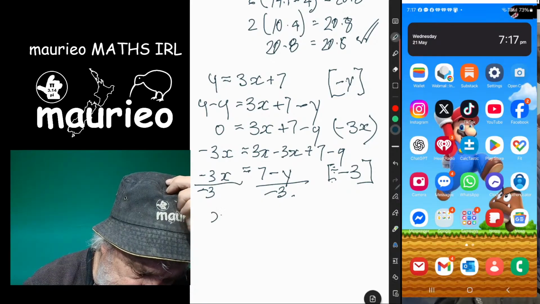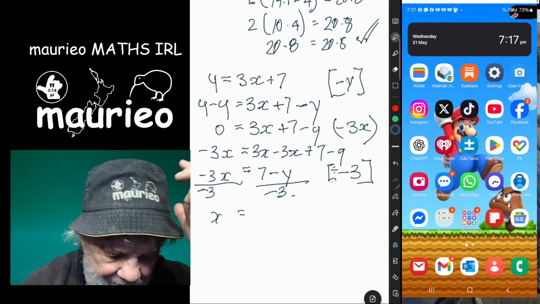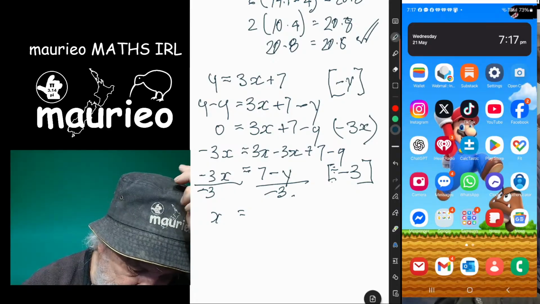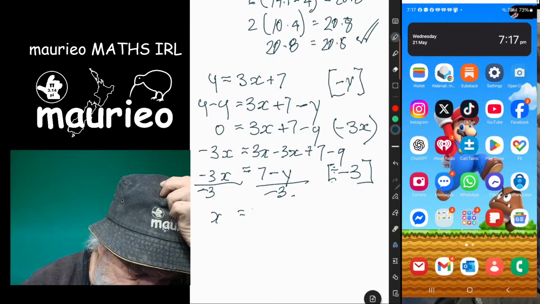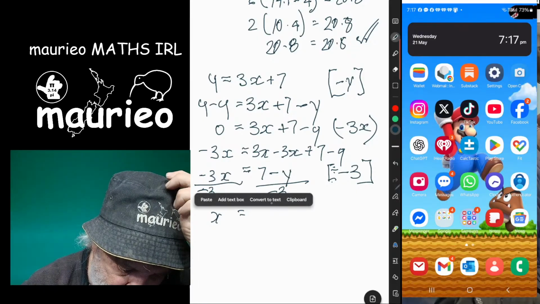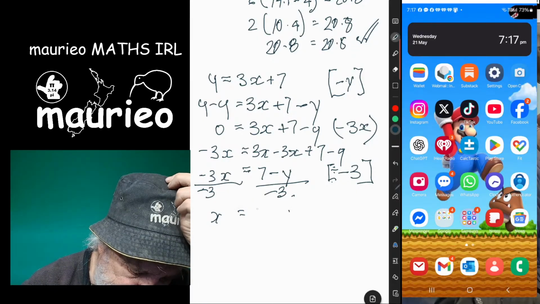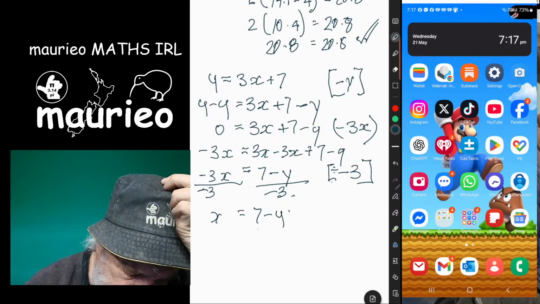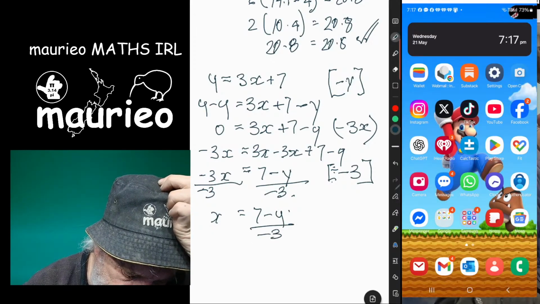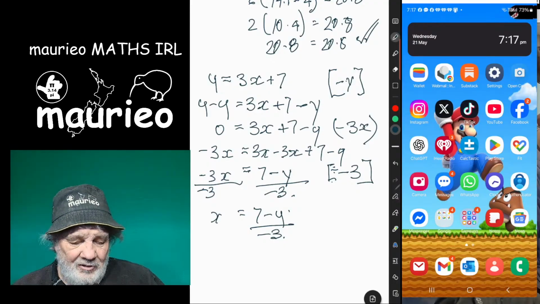We get x equals 7 minus y over negative 3. That gives us x.